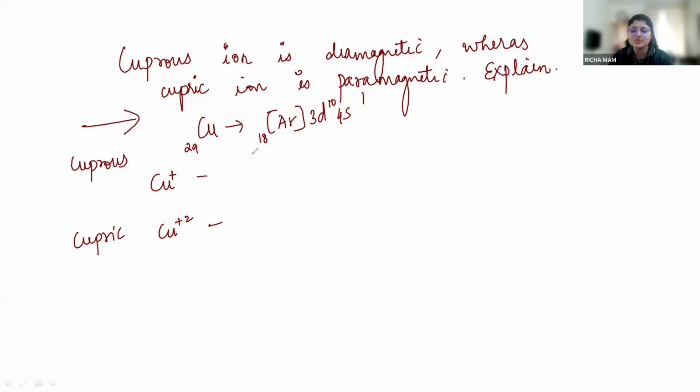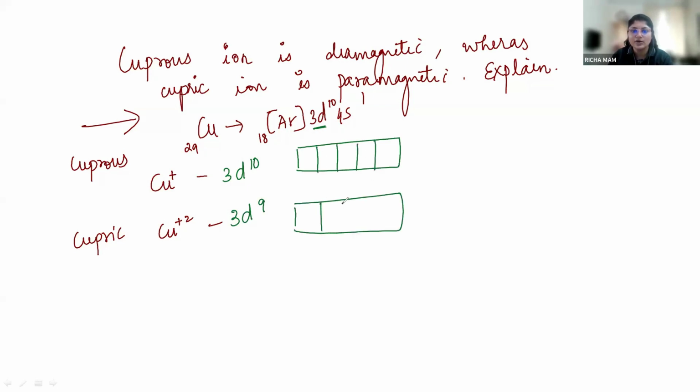Now cuprous, +1, means it will be 3d10 system, and cupric, +2, means it will be 3d9 system. So fill up the electrons: 1, 2, 3, 4, 5 and 1, 2, 3, 4, 5, so it is 3d10.